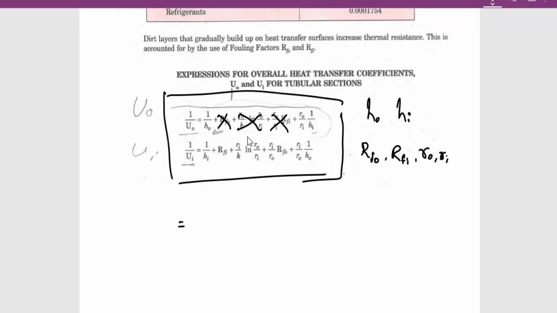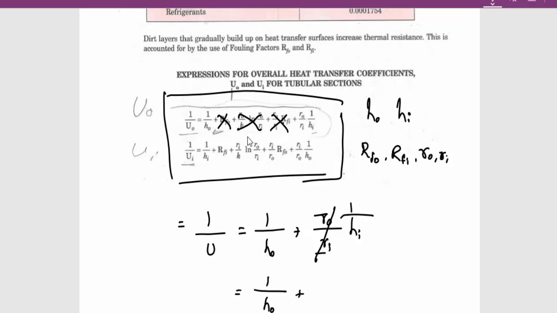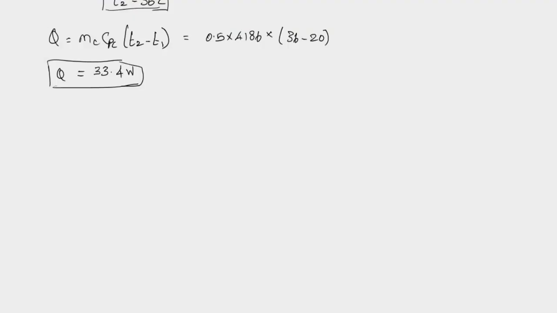So the remaining terms are 1 by U equal to 1 divided by h naught plus R naught divided by Ri hi. Here also the R naught and Ri values are not given, so just omit these. The final equation will be 1 by U equal to 1 by h naught plus 1 by hi.